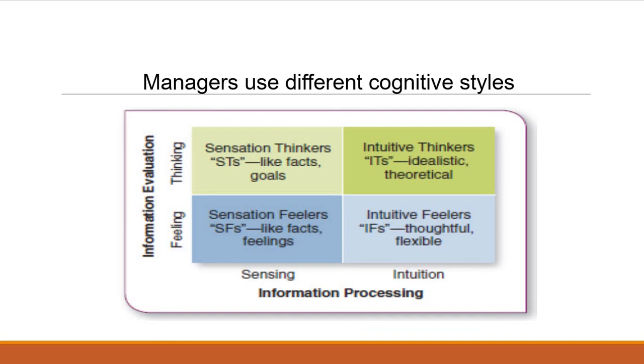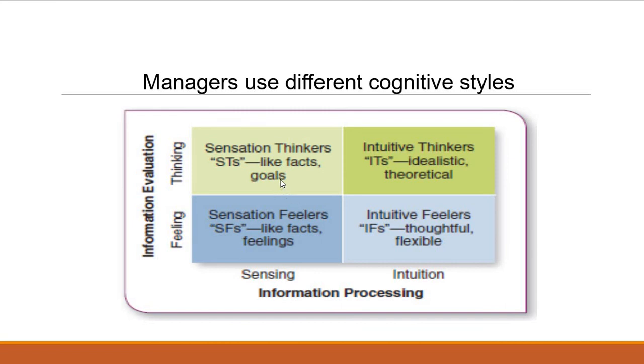Okay? So, looking at the graph, people with different cognitive styles, when we say cognitive, that's your understanding, right? They approach problems and make decisions in quite different ways. We have different styles. For example, sensation thinkers. Okay? ST, are you an ST? ST types tend to emphasize the impersonal rather than the personal and take a realistic approach to problem solving.